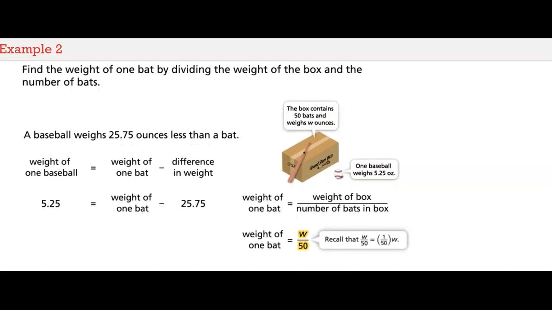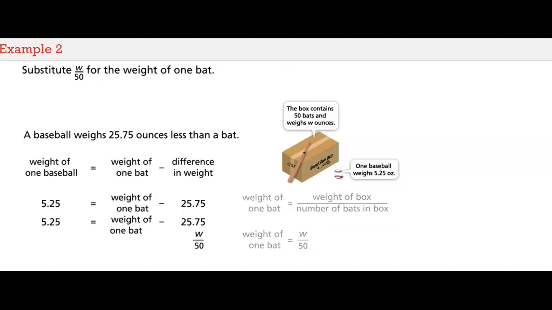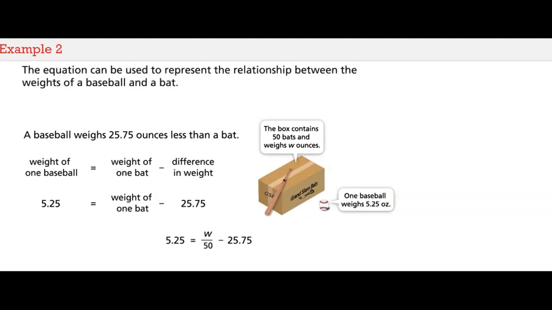Recall that W divided by 50 is equal to 1/50 times W. Now, substitute W divided by 50 for the weight of one bat. The equation is 5.25 equals W divided by 50 minus 25.75. The equation can be used to represent the relationship between the weights of a baseball and a bat.